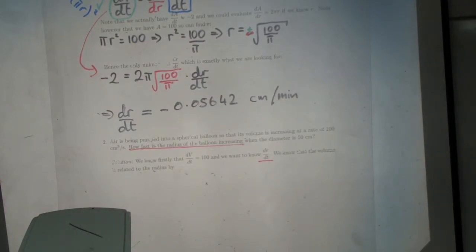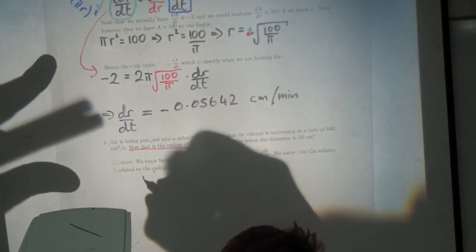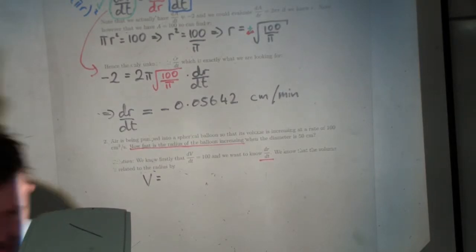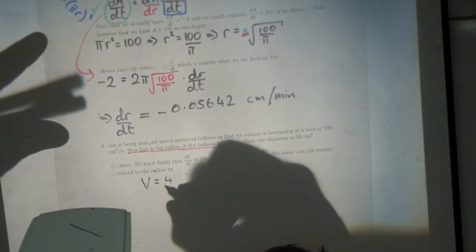We'll write down two. The first is the relationship between the volume and the radius. With such a question, I'll probably put the formula on the question, but otherwise it'll be in the tables. 4/3 pi r cubed.